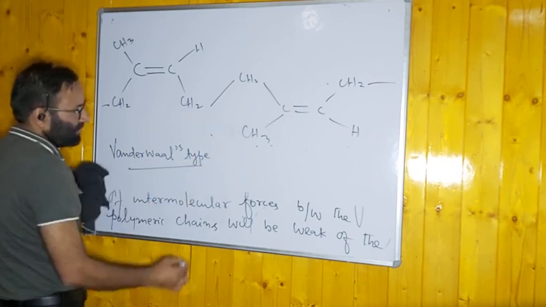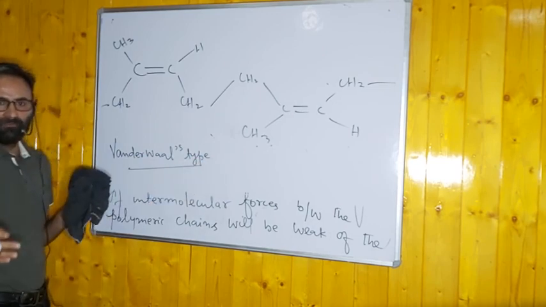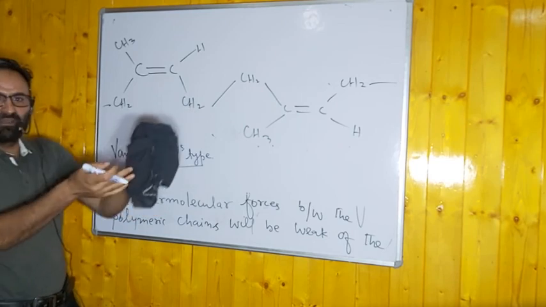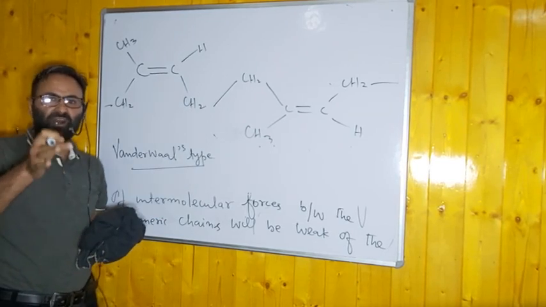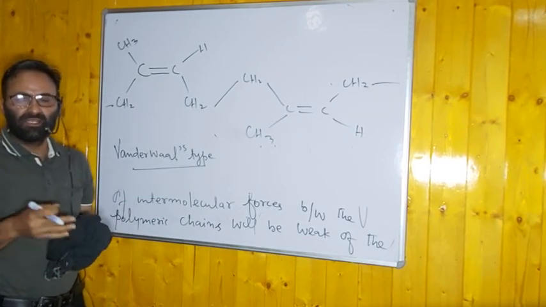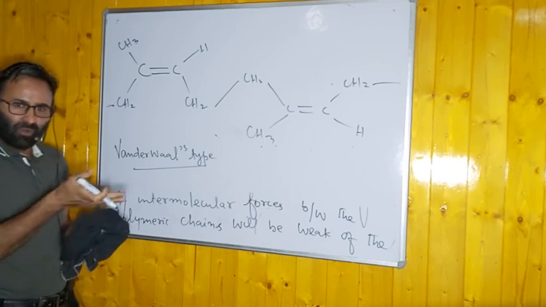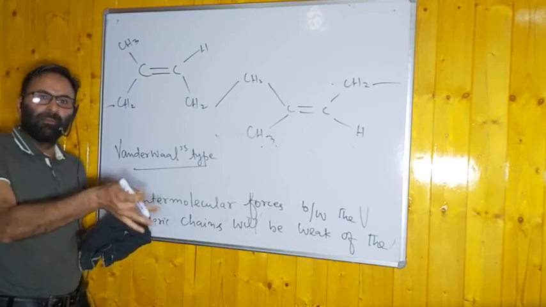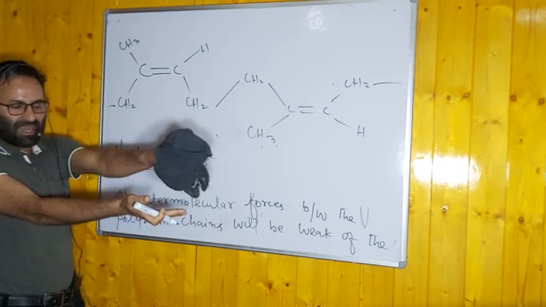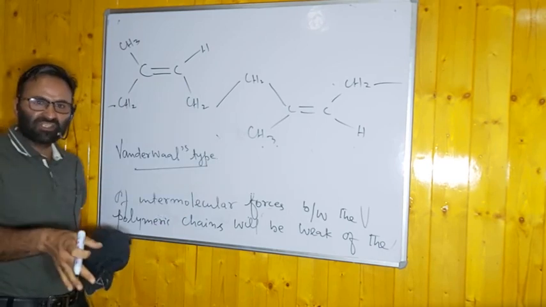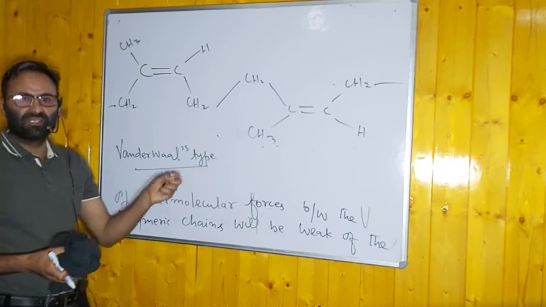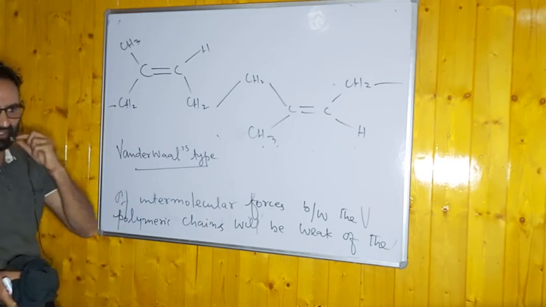You know that the type of polymer in which the magnitude of interaction between the polymeric chains is weak of the van der Waals type, that is the elastomer. We have already mentioned that natural rubber is an elastomer. It means the interaction between the polymeric chains is weakest of the type van der Waals, hence it is an elastomer. We have discussed it.